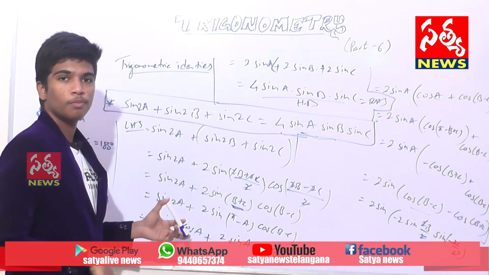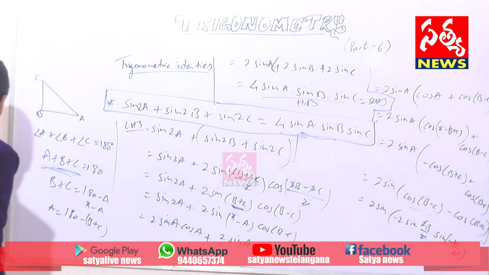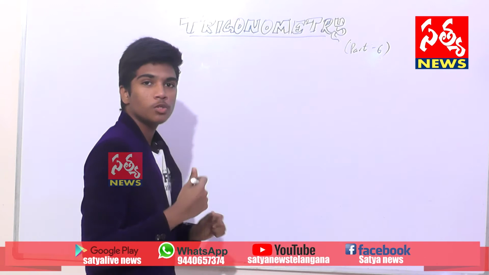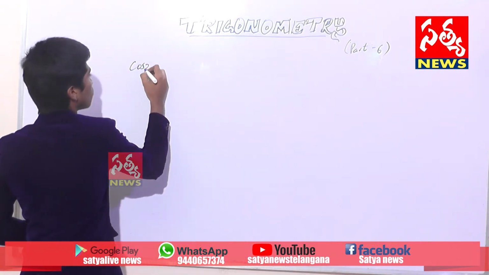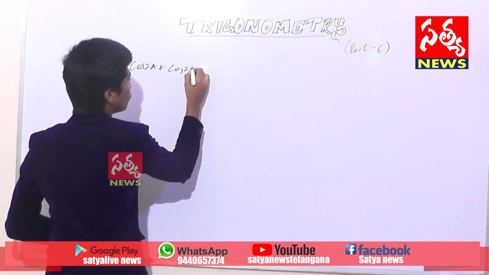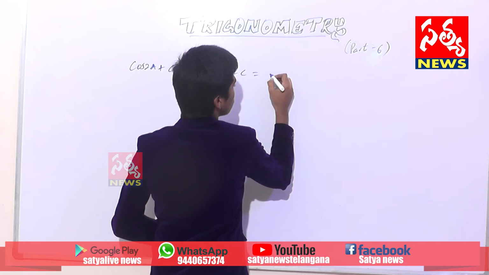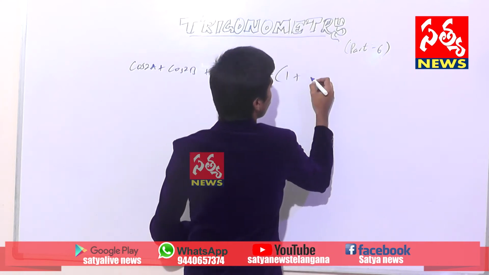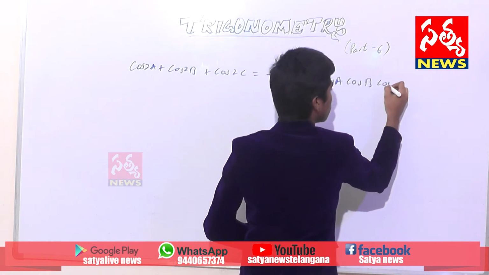Similarly, now I am going to do the proof of cos 2A plus cos 2B plus cos 2C is equal to minus of (1 plus 4 cos A into cos B into cos C).